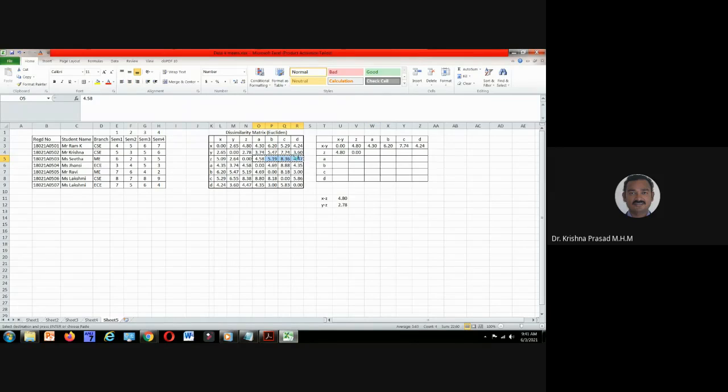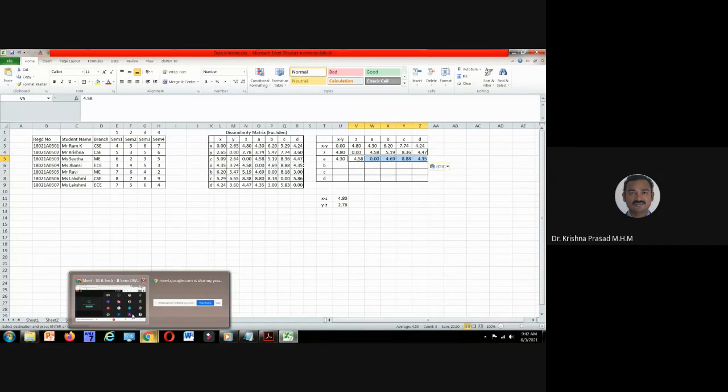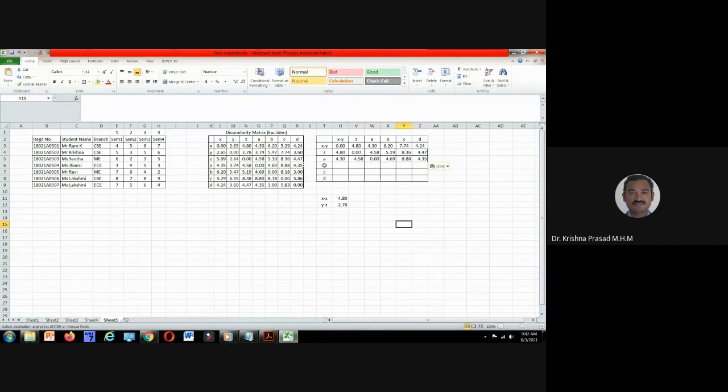Similarly, a to xy is 4.3 only. Why I am writing like this is, friends, please remember, you need to programize. For that purpose, I am presenting this.